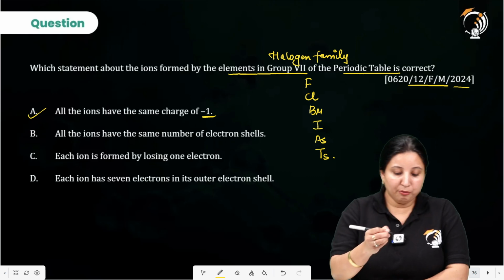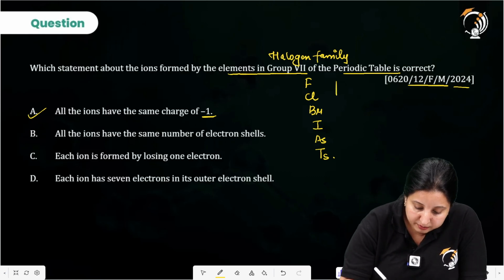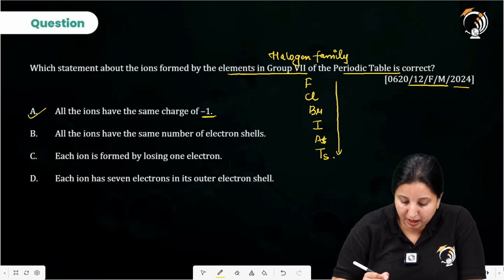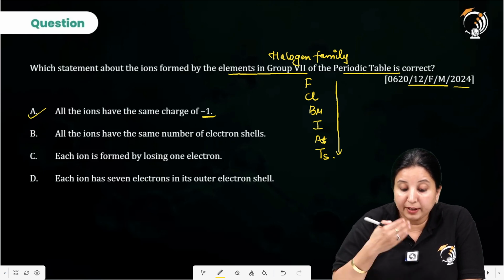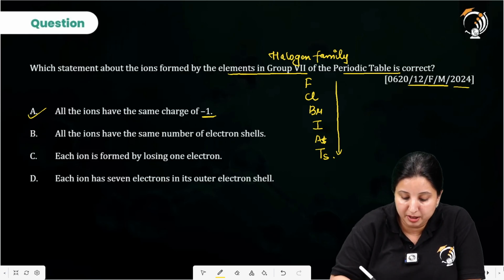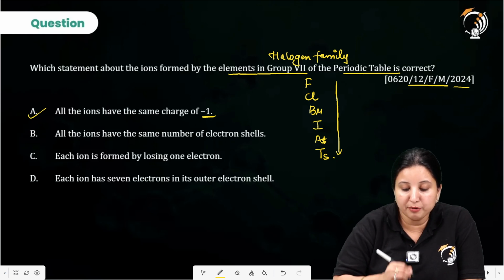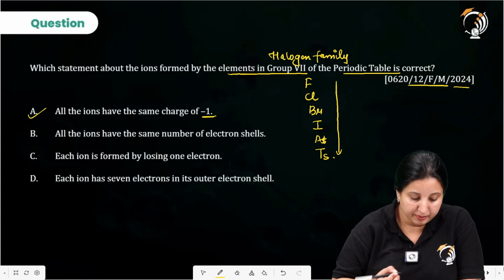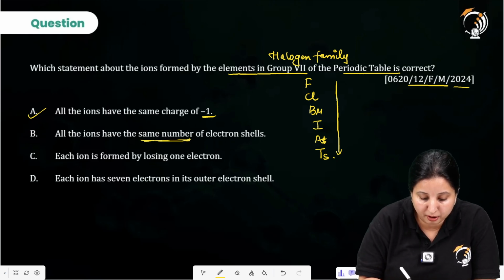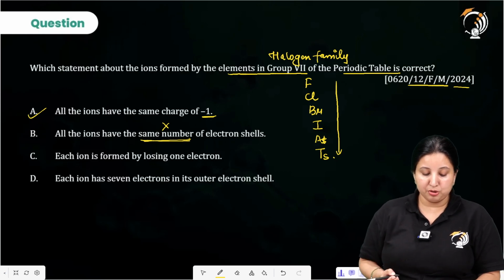Now when we are moving top to bottom, what is going to happen here? The atomic number is increasing. When the atomic number is increasing, it means the number of shells is also increasing. So they are not going to have the same number of electron shells. So this statement is wrong.